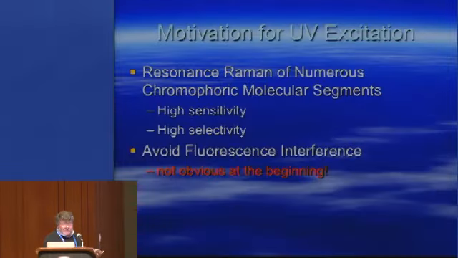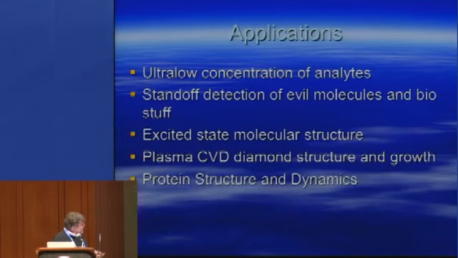Essentially, all small molecule chromophores that have their first S1 state below 260 nanometers relax non-radiatively. We've never found interference in any deep UV Raman measurement from fluorescence. So this is very nice, and this allows us to monitor ultra-low concentrations of analytes.